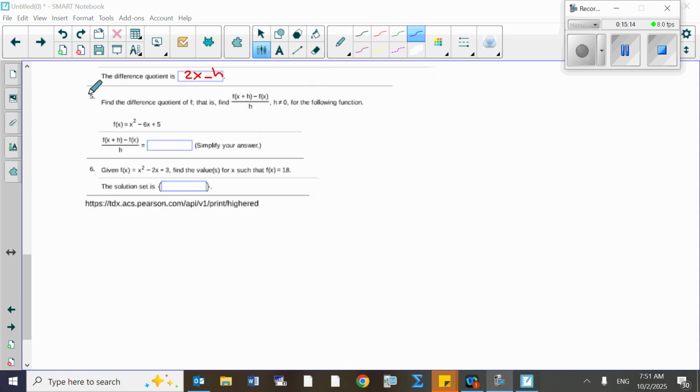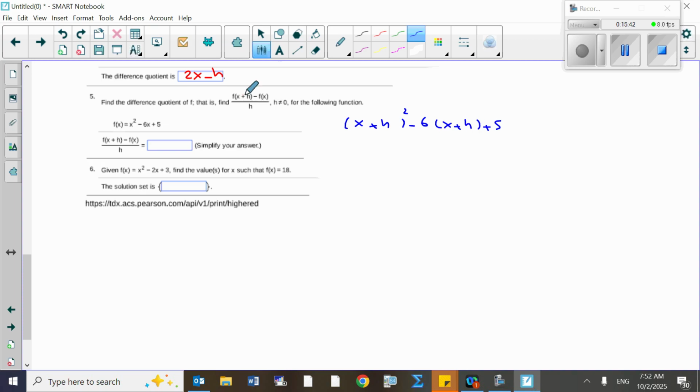Okay, let's work on the next one. Again, we want to find the difference quotient. So you're going to find f of x plus h. What is f of x plus h? This function, I'm going to write that here. It's supposed to be x squared minus 6 times x plus 5. I'm trying to write f of x plus h, but instead of x, I'm just writing x plus h.